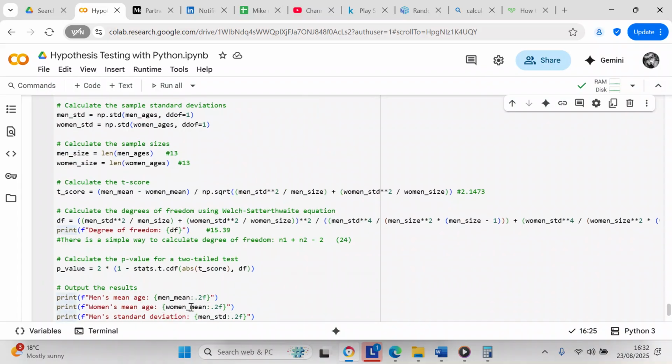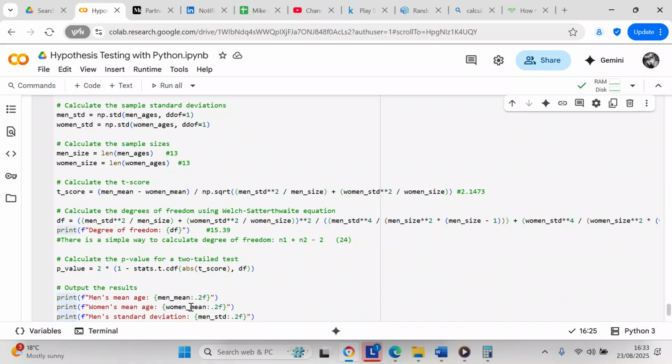Okay, so we're going to calculate the p-value for a two-tailed test. The p-value equals 2 times, brackets, 1 minus stats.t.cdf of abs of the t-score, comma, df.